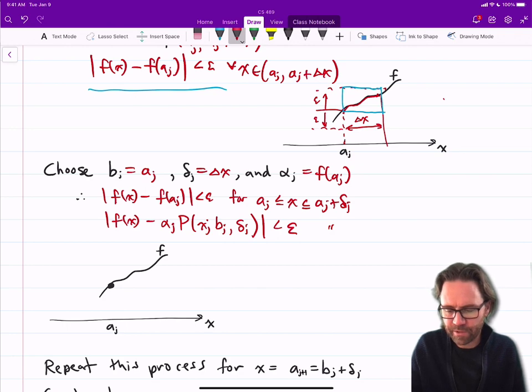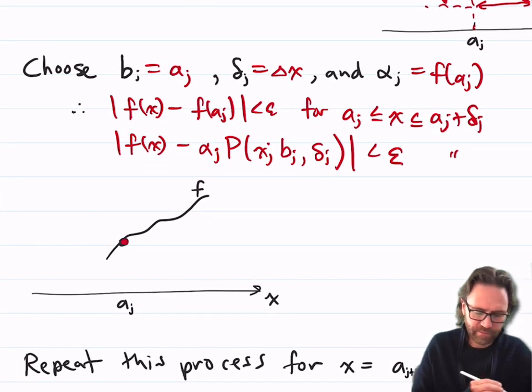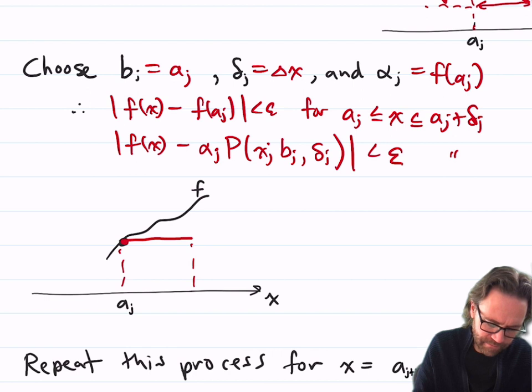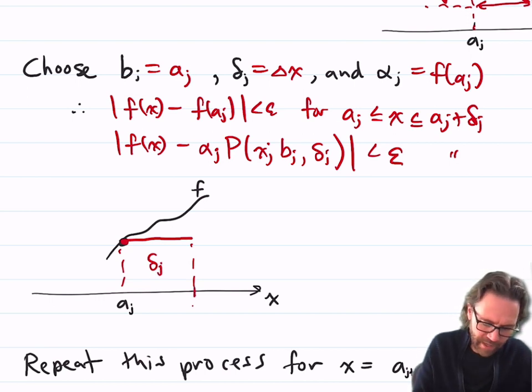I'm about to draw the same picture I drew up here. I'm starting here, and now my piece is going to hold that value for delta x, or what I'm calling delta_j. So then this is a_j plus delta_j.